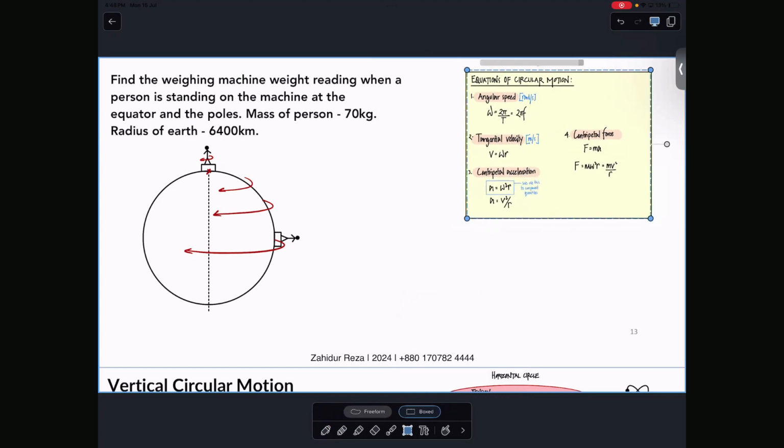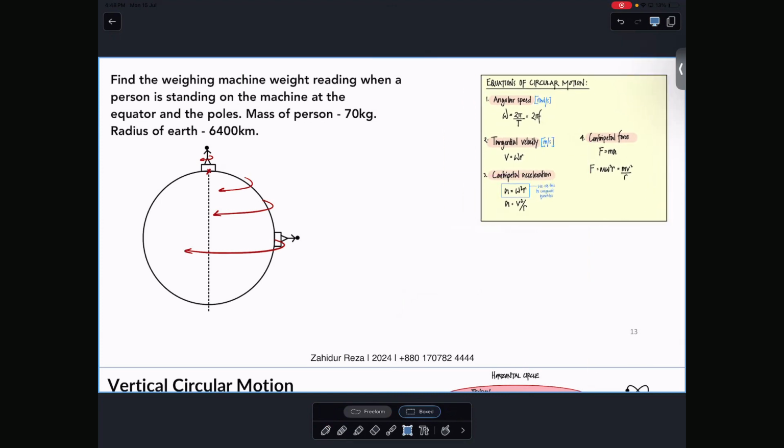For the Earth, it takes 24 hours to do one cycle. What do you call that thing when the Earth does one rotation on its own axis? It's called a day.